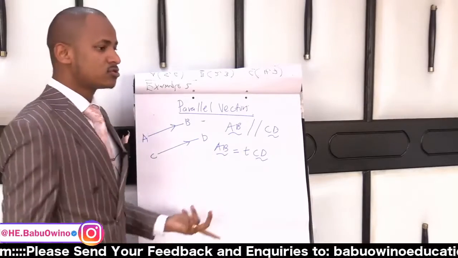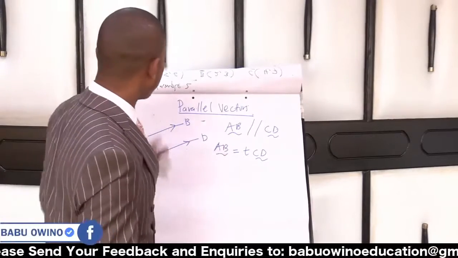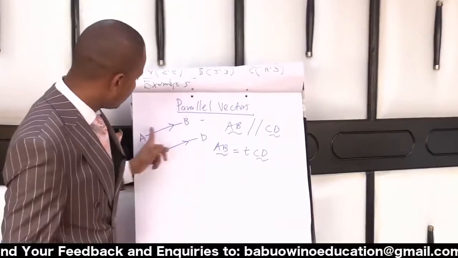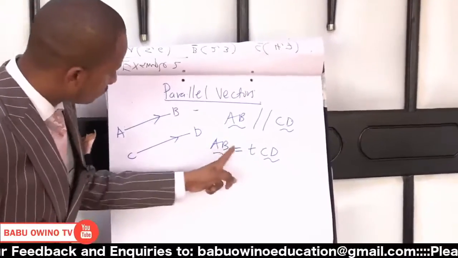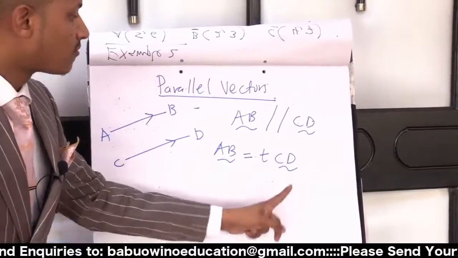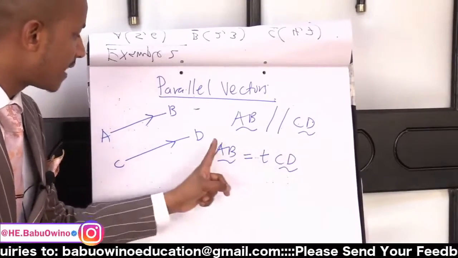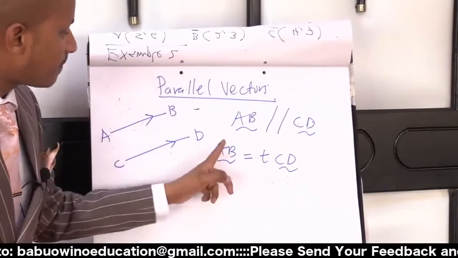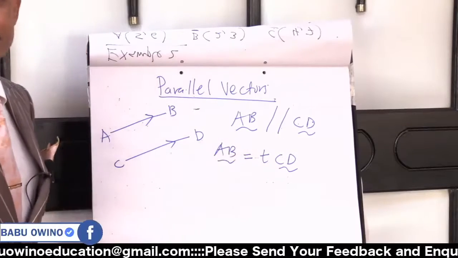But what is the condition to prove that they are parallel? Vector AB can only be parallel to vector CD if it is a multiple of CD. Or vector CD can only be parallel to vector AB if it is a multiple of AB.